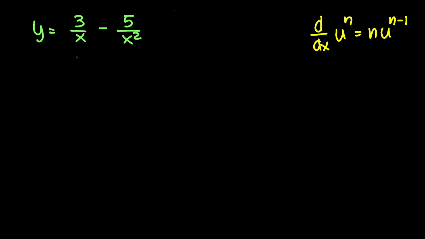Whenever we are dealing with a problem like this, we would want our variable x here to be on the numerator side in order to use this power formula. And by doing that, the sign on the exponent on our variable would be reversed.